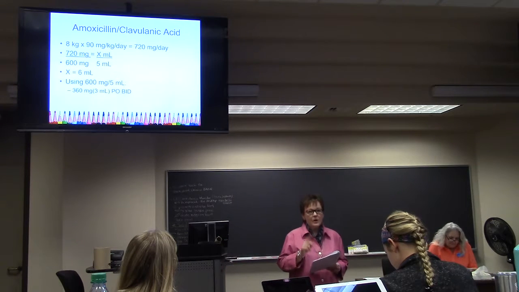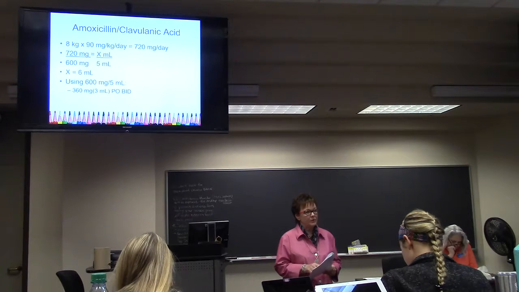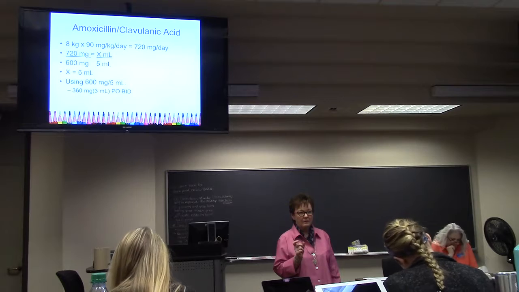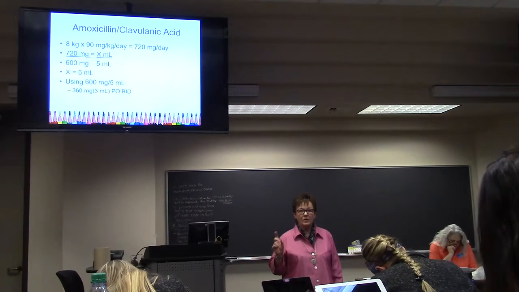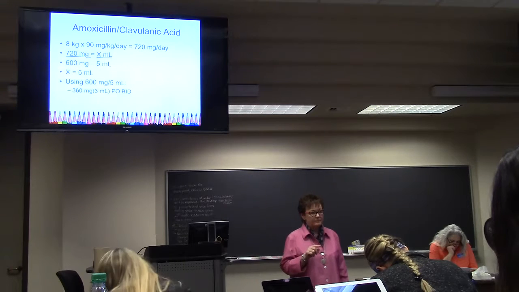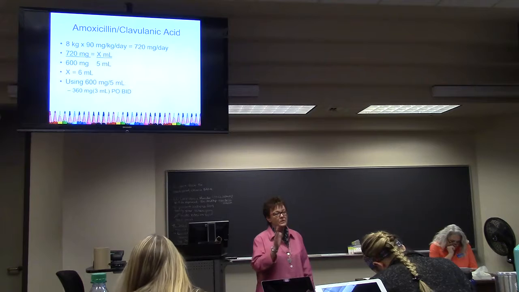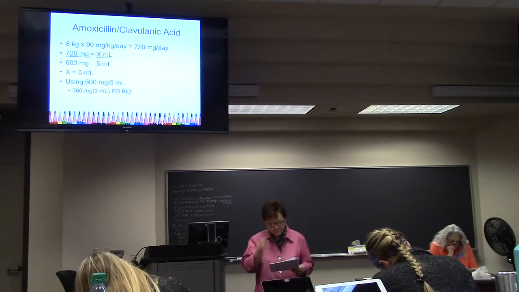Okay. So here are the things to look at and keep in mind. Sulfamethoxazole trimethoprim, you dose it off the trimethoprim. So the milligrams per kilo are on the trimethoprim dose. In all the combinations, it's always a 5-to-1 ratio, standardized.